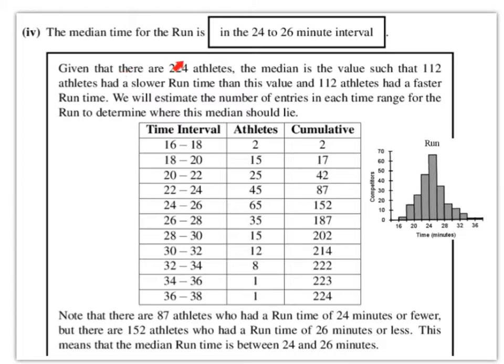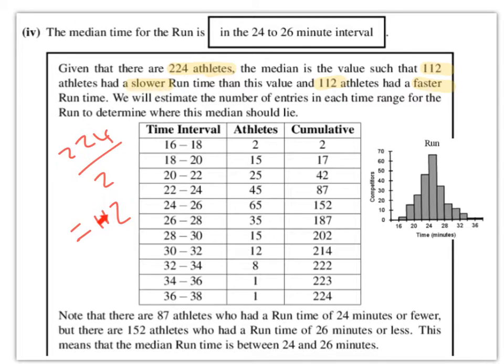So given that there are 224 athletes, and we were told this in the question, the median is the value such that 112 athletes had a slower run time than this value, and 112 athletes had a faster run time. So 224 divided by 2 is 112.